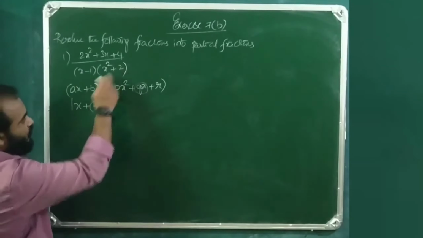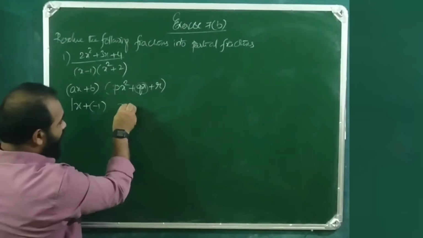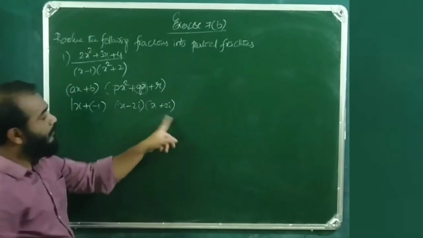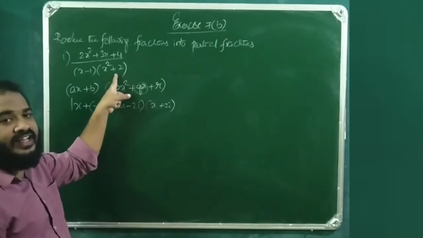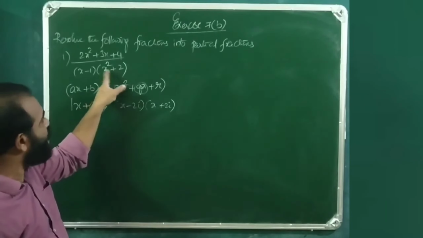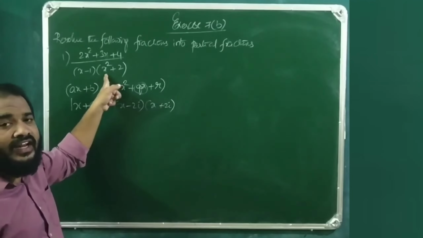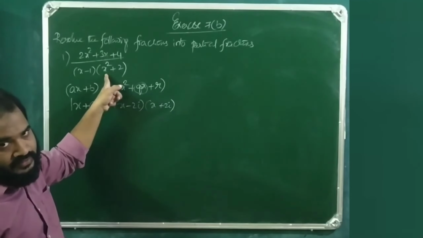Of course, x square plus 2 can be written as x minus root 2 i into x plus root 2 i, but these are complex roots. We want the real roots only. Therefore x square plus 2 is an irreducible quadratic factor.